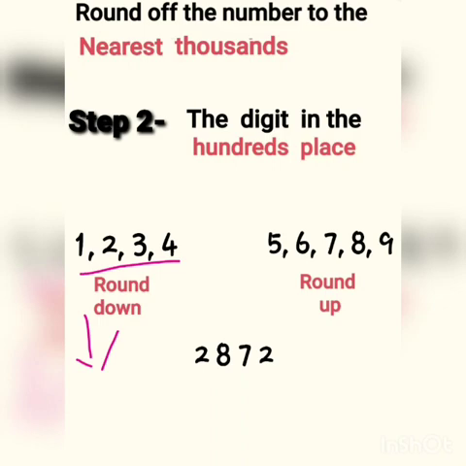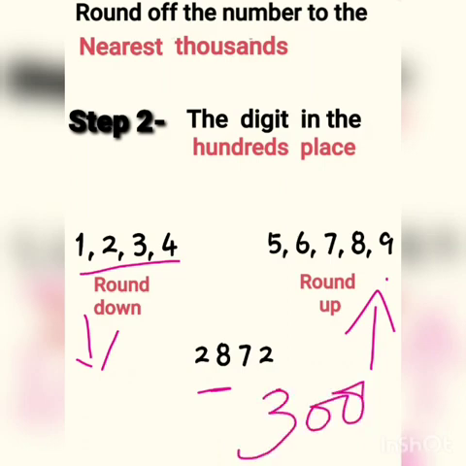And if it is 5, 6, 7, 8 or 9, I need to round it up, right? In this case it is 8, so I need to round it up to the next thousand. So this will become 3000, right? And now all the digits to the right of the thousand digit become 0.